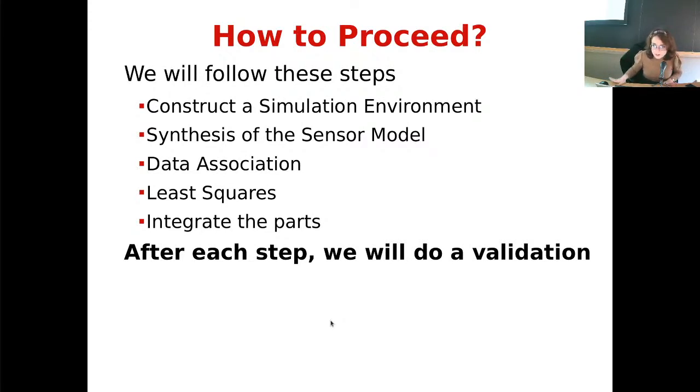After having validated the data association, we will finally go through least squares and then integrate all the parts. As I was mentioning, when you implement something from scratch, it is very important that you do a validation after each of the steps. Otherwise, problems increase, and you do not know where to look.